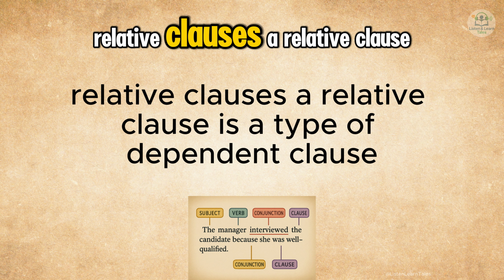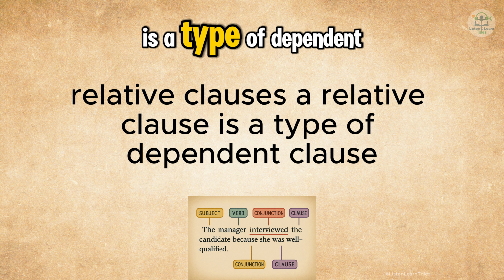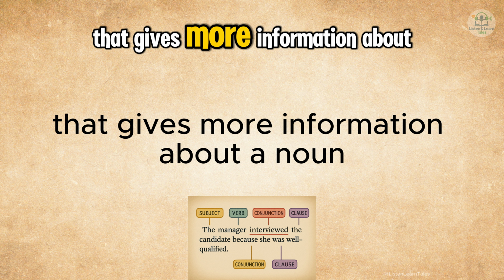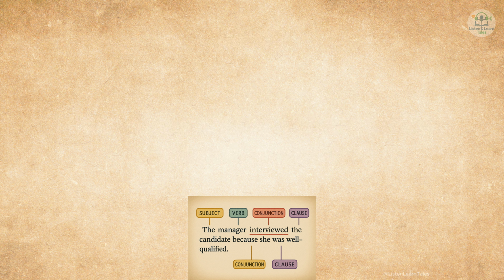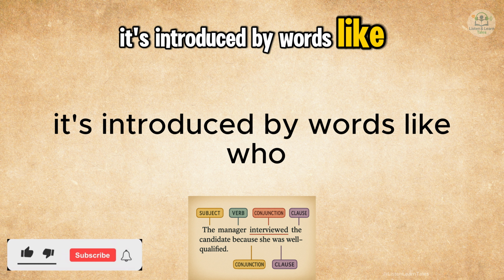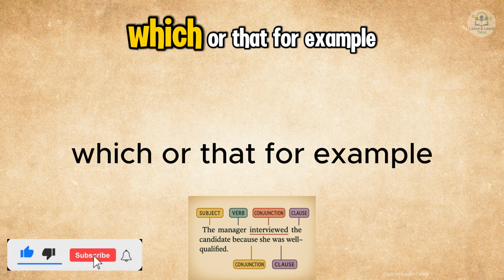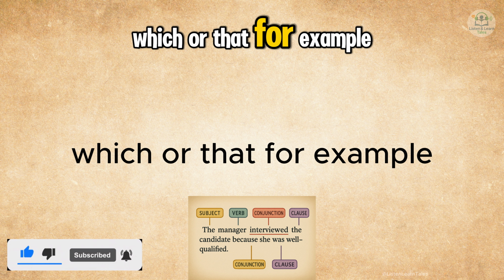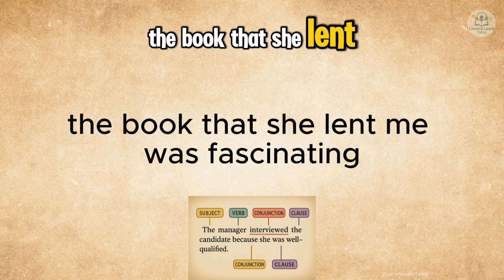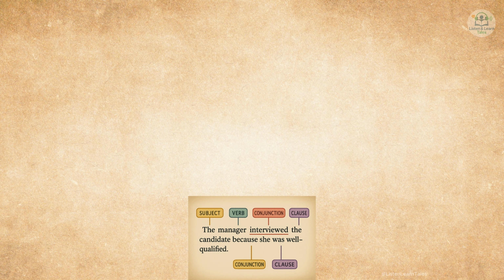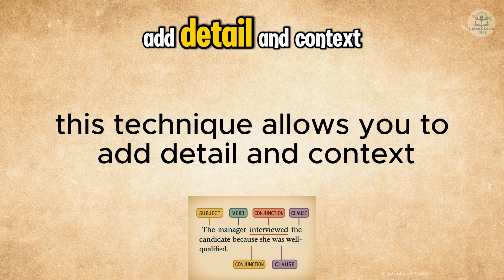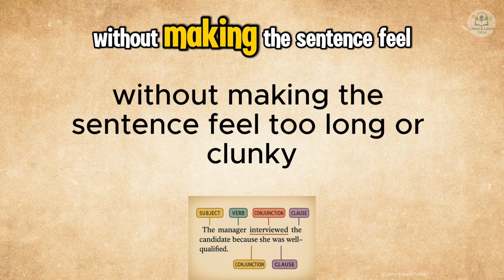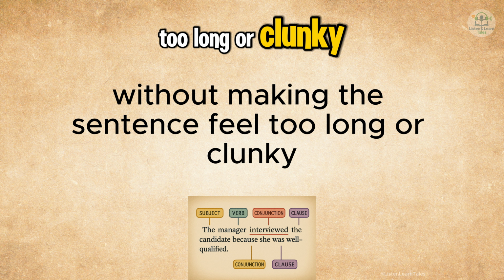Relative clauses. A relative clause is a type of dependent clause that gives more information about a noun. It's introduced by words like who, which, or that. For example, "the book that she lent me was fascinating." This technique allows you to add detail and context without making the sentence feel too long or clunky.